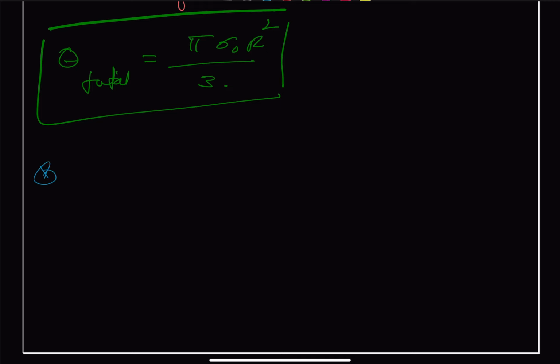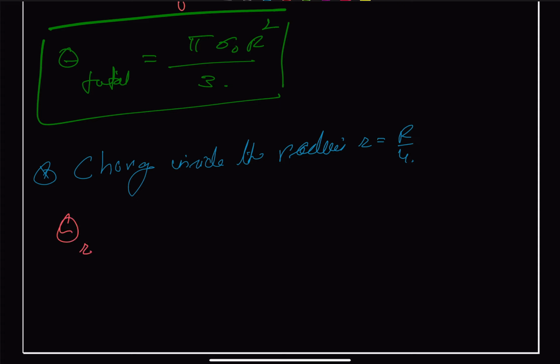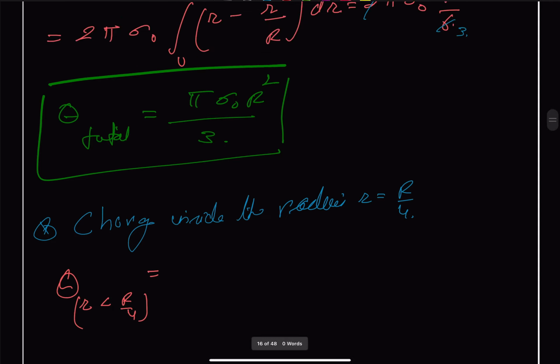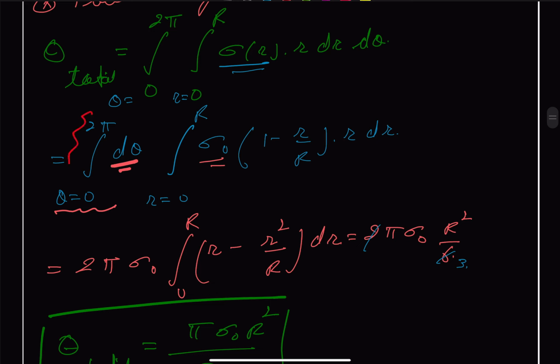So you can say charge inside the radius small r, which is equal to R by 4. So for that we can say our charge for small r less than R by 4 is equal to, the angular part will be same for this portion, and it will give us 2 pi, and sigma naught will be from the other integral.